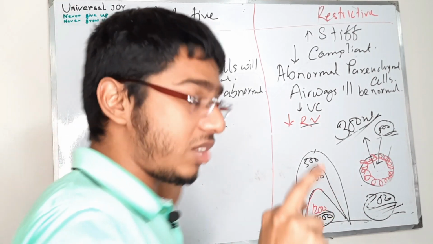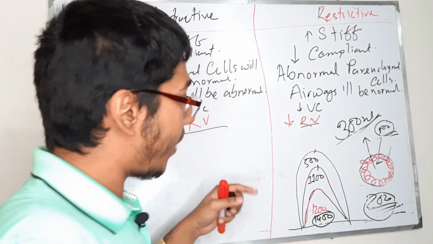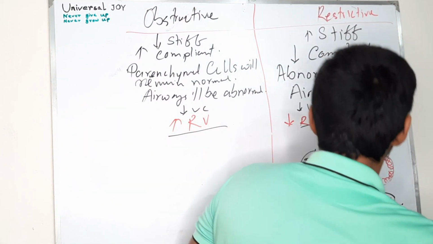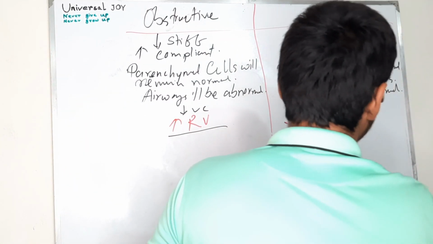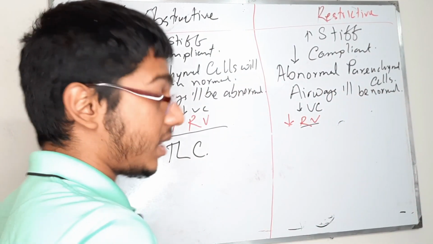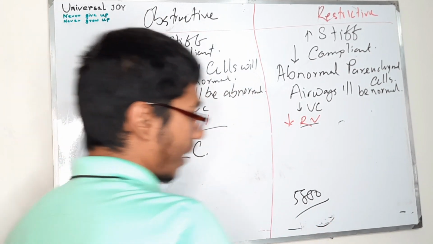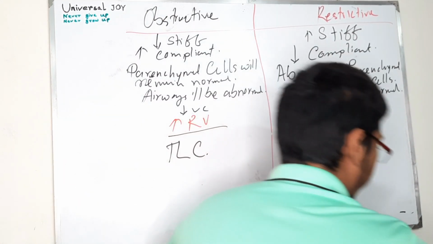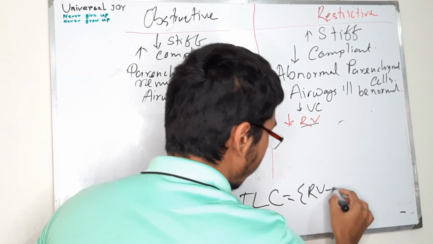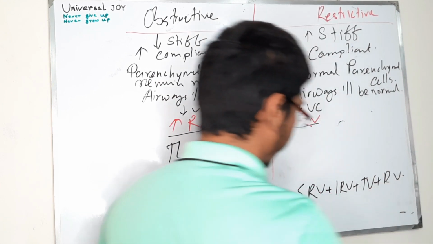Now this is a very tricky area which you should keep in mind, because it will definitely clear all of your concepts. After residual volume, what comes next is total lung capacity. It is equal to 5800 ml, and we have already learned the formula: total lung capacity is equal to ERV plus IRV plus tidal volume plus residual volume.